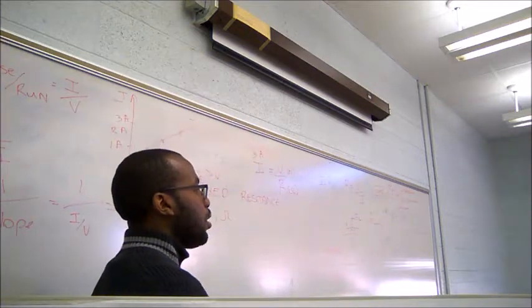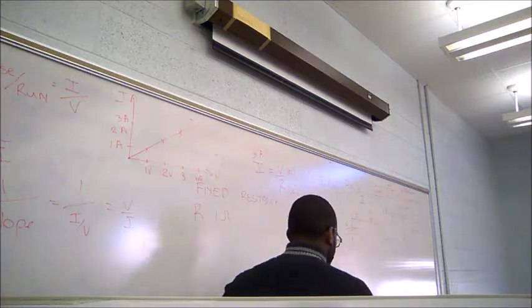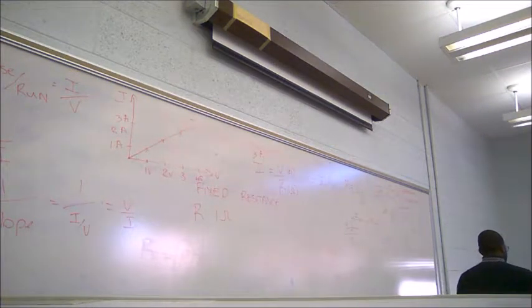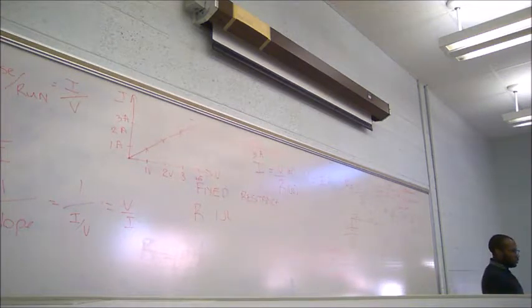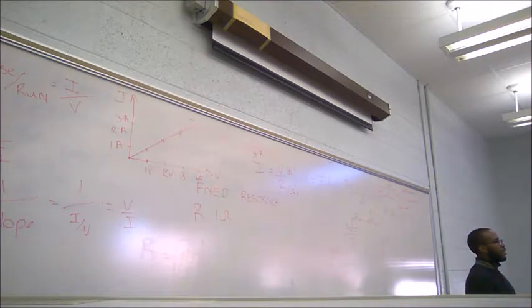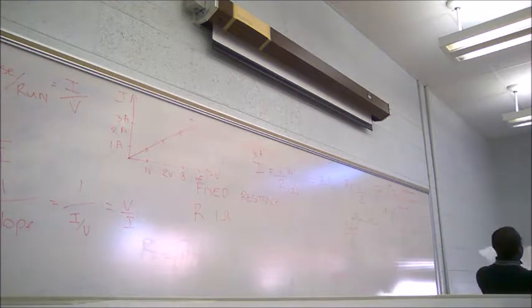Let's go through the procedure, then we'll go through what steps we'll take in the lab. Procedure number 1 says use the resistor color code chart on page 11 to determine the nominal value of each resistor on your table, recorded on your table 1. Record the tolerance of each resistor and calculate the smallest and largest resistance. That one is very easy. Table 1 is right here, and on that table you have 3 resistances.